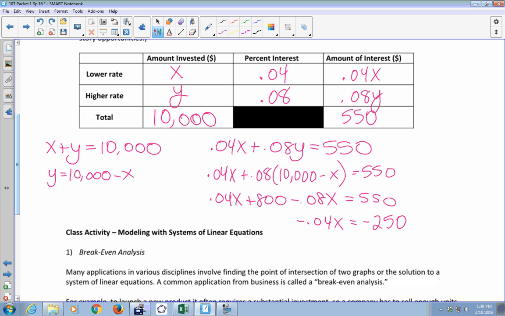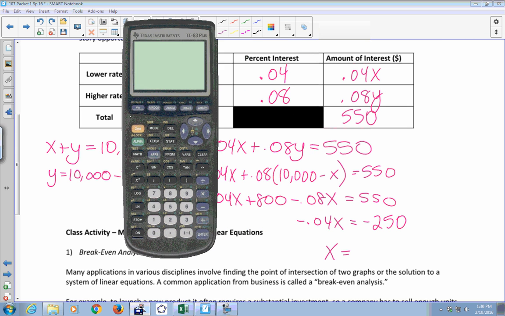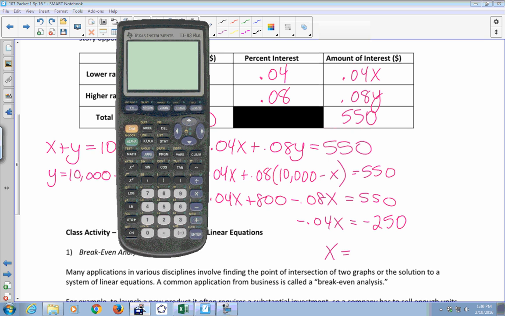And then divide both sides by negative 0.04, and we get x is 250 divided by 0.04, 6250, $6,250.